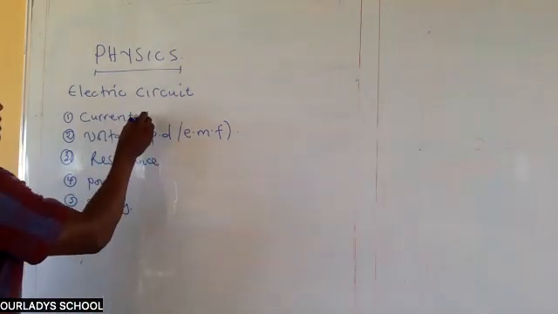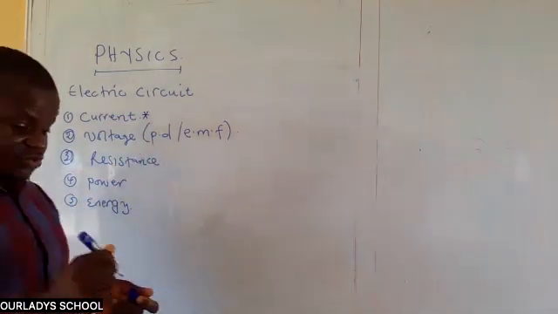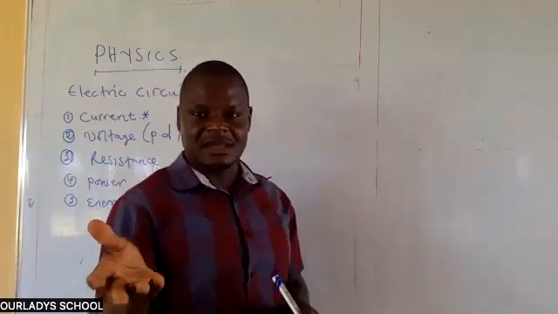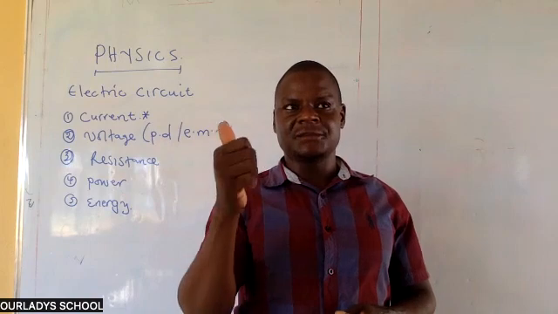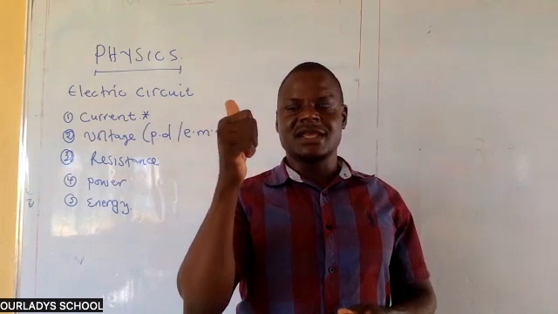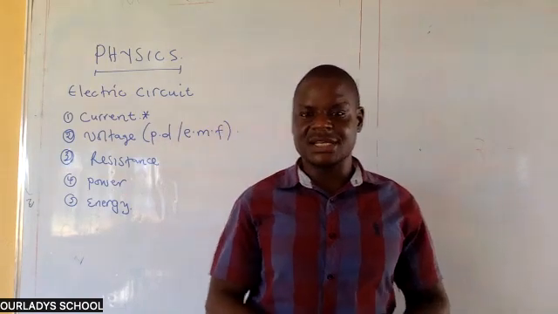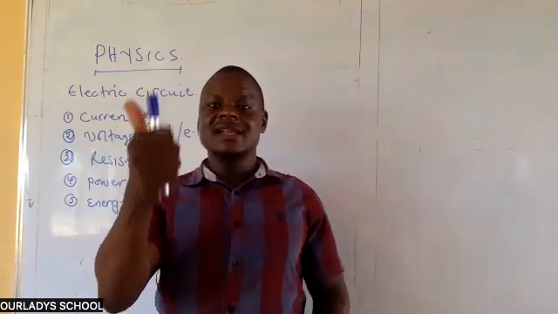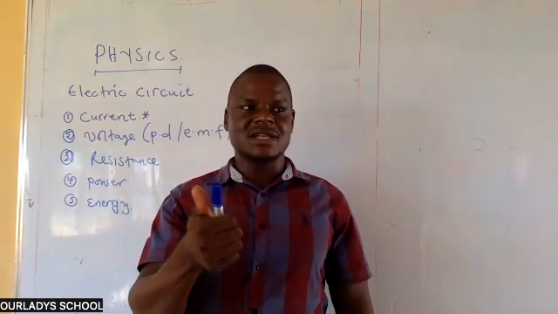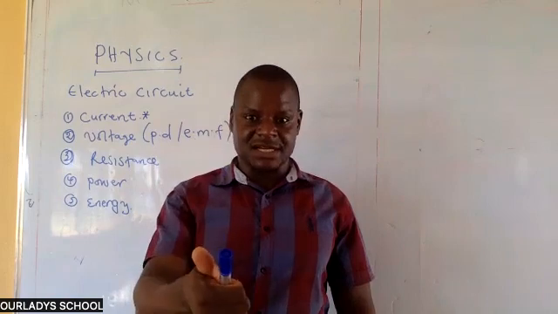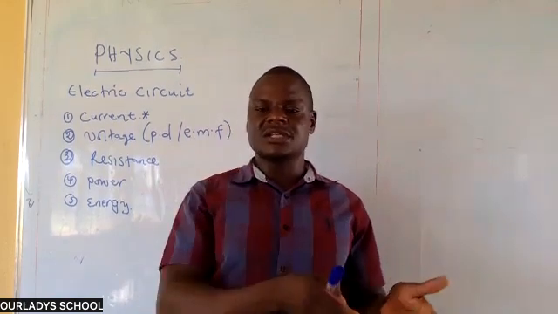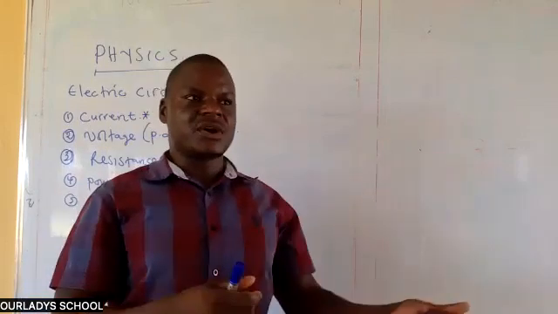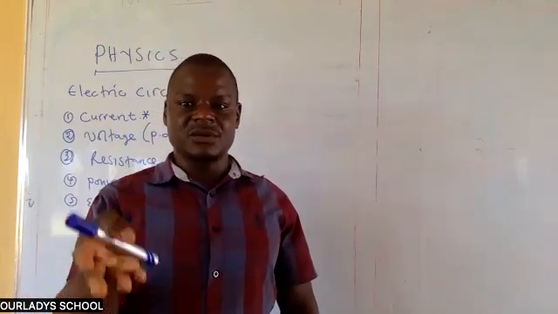The word current is not very new to you and me. I understand that because when we were looking at thermophysics, we looked at heat transfer, and under heat transfer, we looked at convection, the method by which heat is transferred from one point to the other through the fluids.